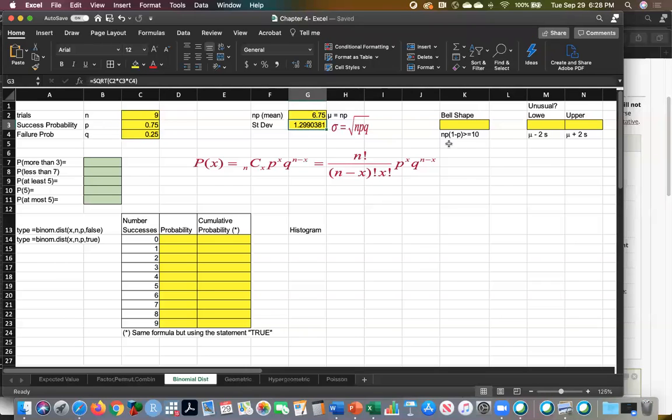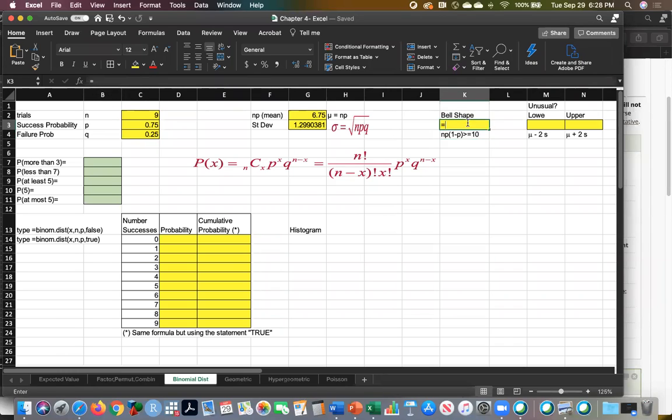We can also find the variance, because this is the formula of the variance. As I said before, this is n times p times 1 minus p, so this is q.